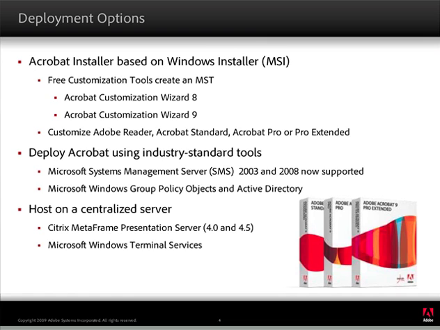We also support Windows Group Policy and Active Directory, and you can also deploy in hosted environments by Citrix and also Windows Terminal Services. Now, this doesn't mean that you can't use other tools. This is just what we supply documentation for, and we've actually validated these configurations and tested against those.